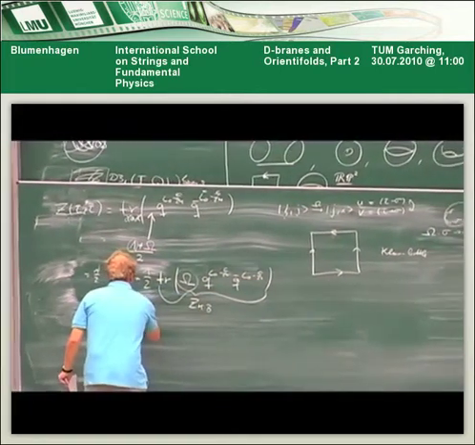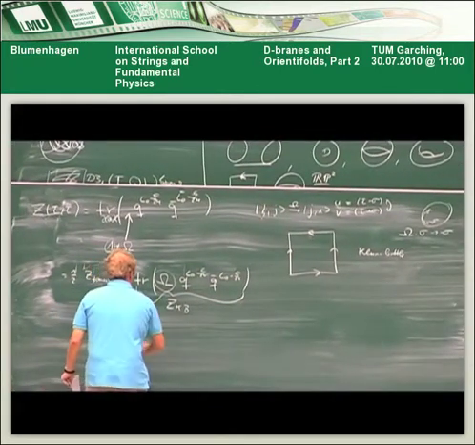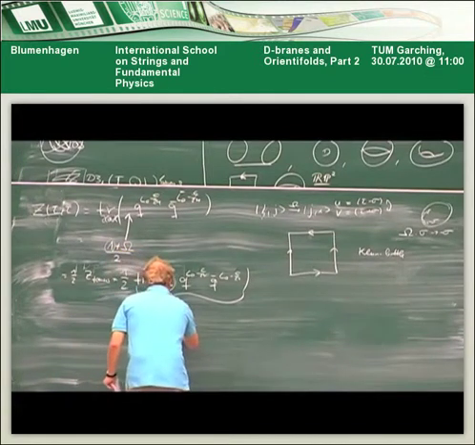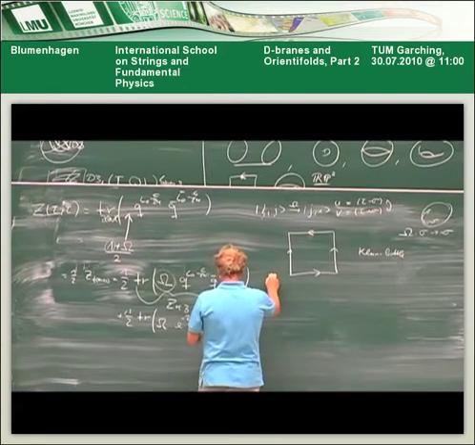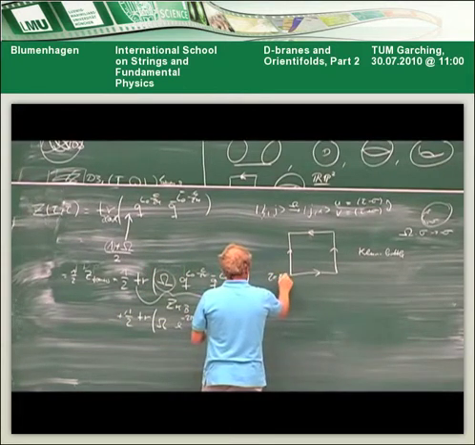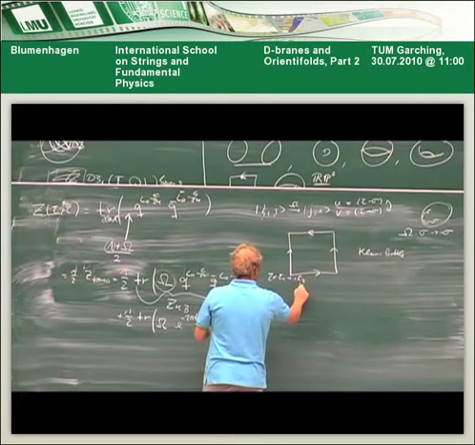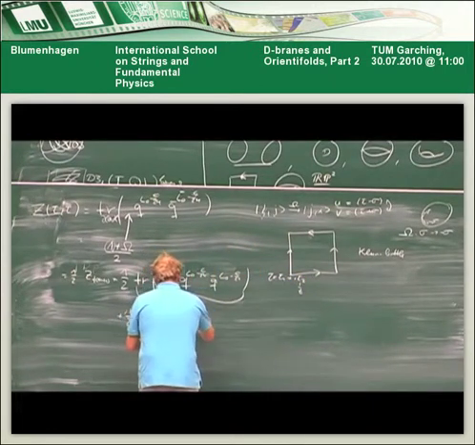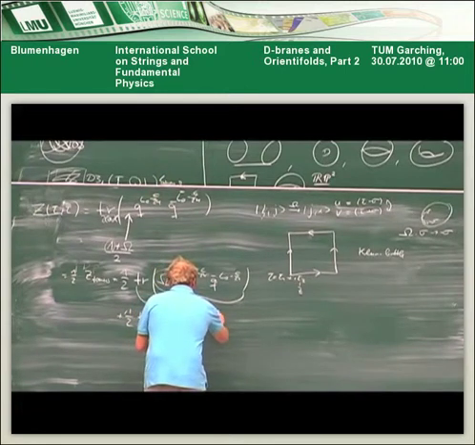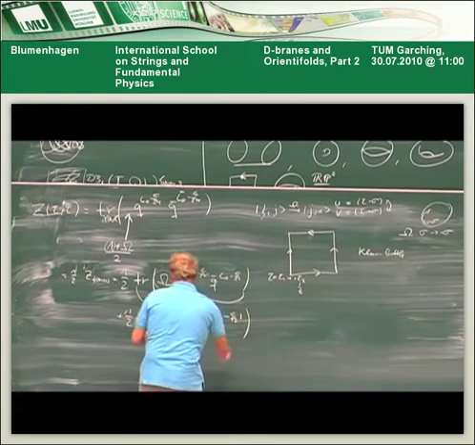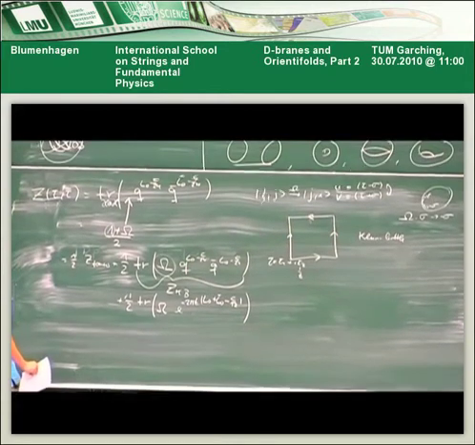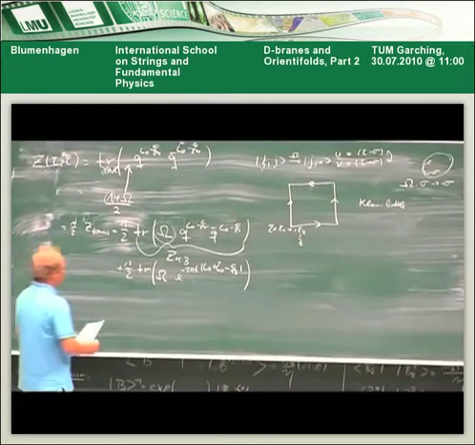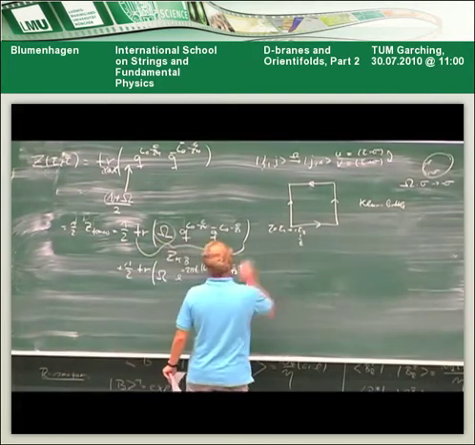So I'm only interested now in this term. It becomes the trace of omega e^(-2 pi t (L0 + L0bar - c/12)), where tau is tau1 plus i tau2, and I call tau2 t. And this is called the Klein bottle amplitude.